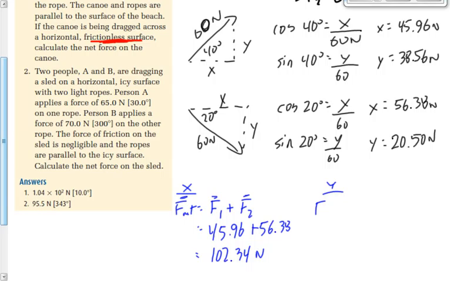Let's do the y component. Let's say F net is equal to the sum of the forces F1 plus F2. F1 for the y component is 38.56. Okay, here's the real test for you guys. What's the y component of the second one? I'm waiting. Who's going to tell me the y component of the second one? Bailey? It's what?